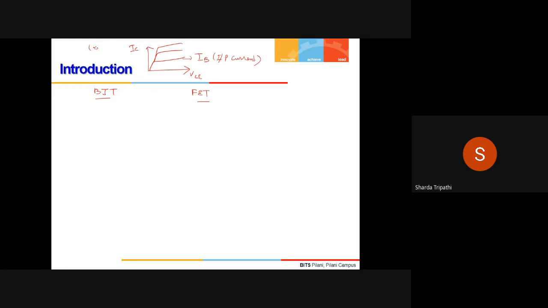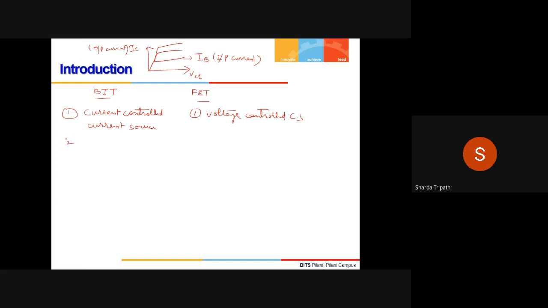So that means the output current in case of BJT was controlled by the input current. That is why we say that the BJTs are current controlled current sources. Whereas for the case of FET, we just saw that these are actually voltage controlled current sources. So this is the first difference.